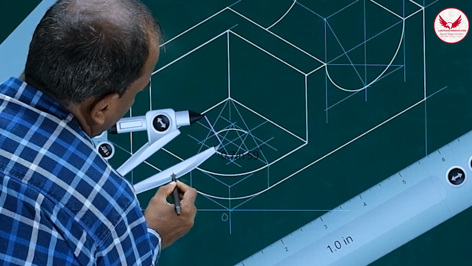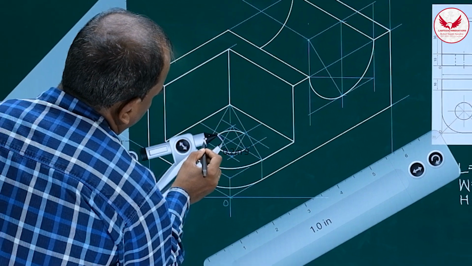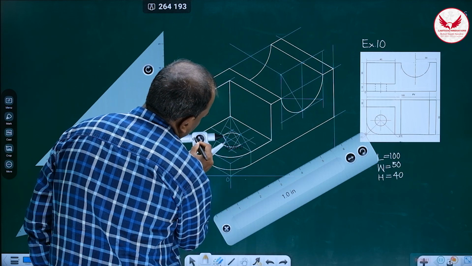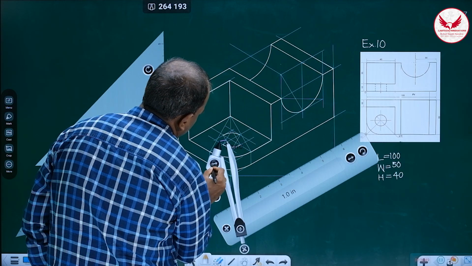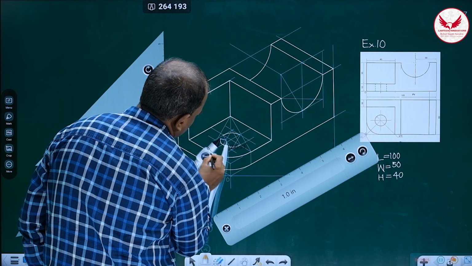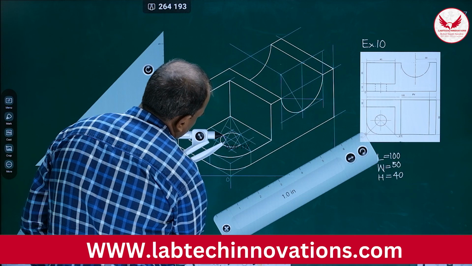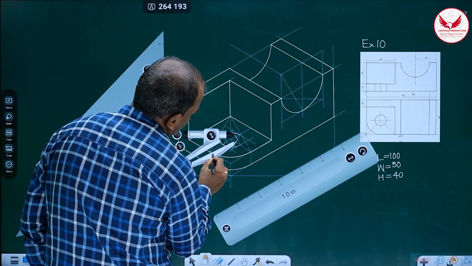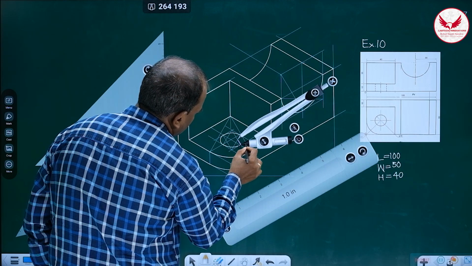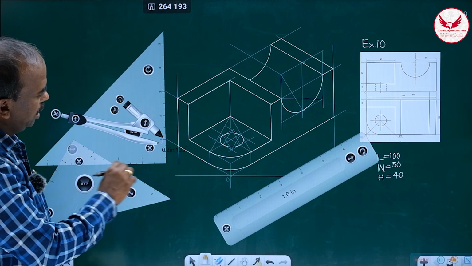Then shift the center over here, and with a very small radius, with this center in this way, like this. It is the ellipse by the 4 center method.